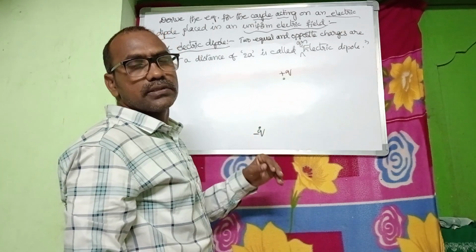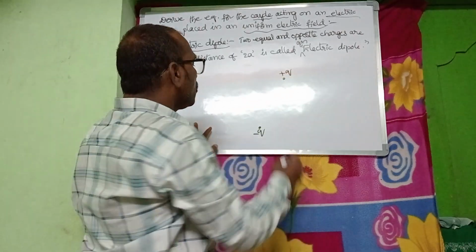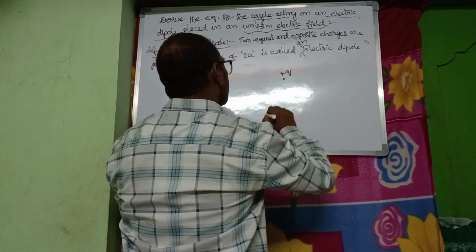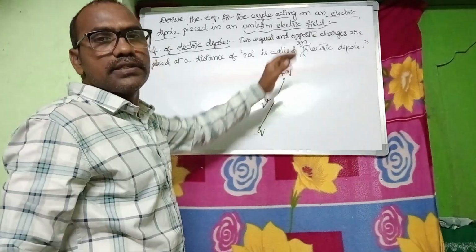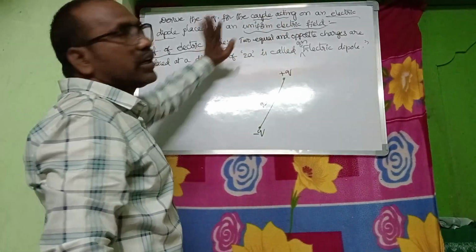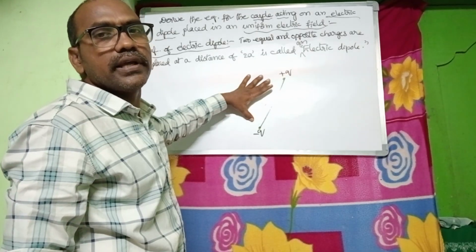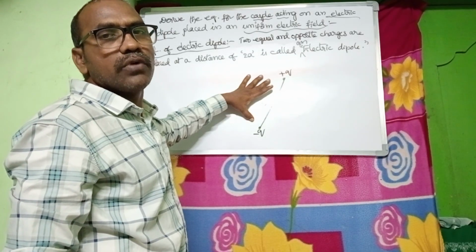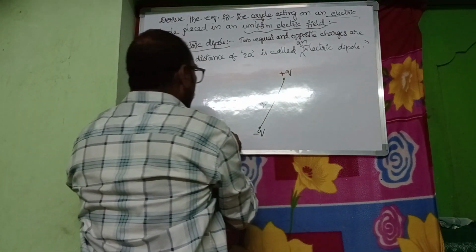These two charges are equal in magnitude, and the distance between them is 2a. Then this is called an electric dipole. Now this electric dipole is placed in a uniform electric field.